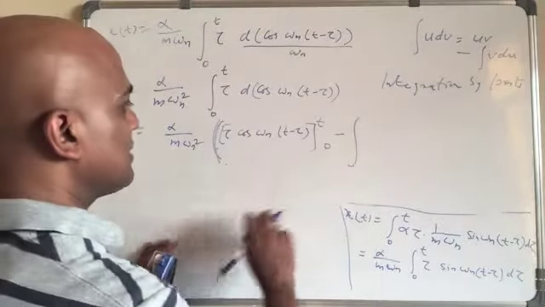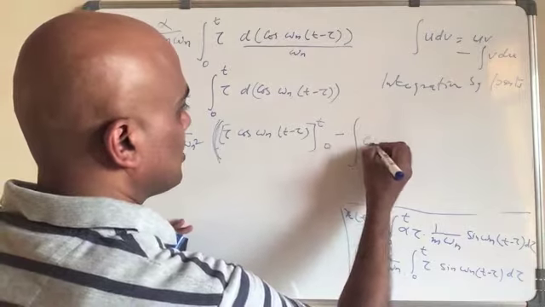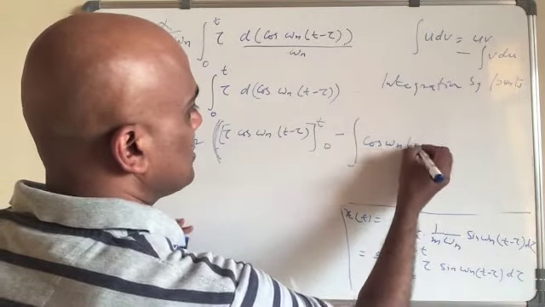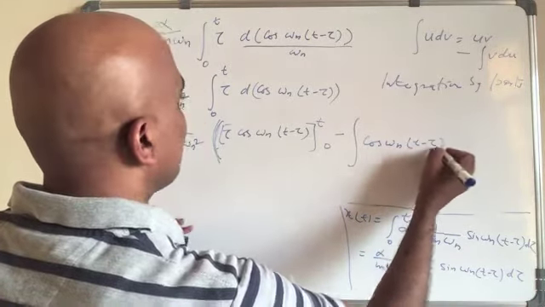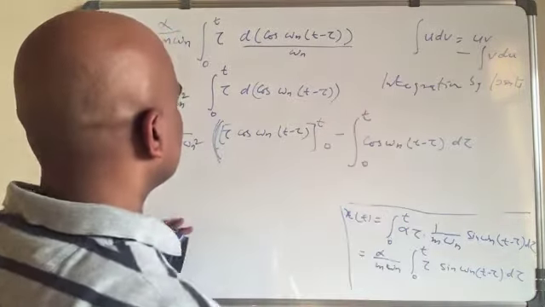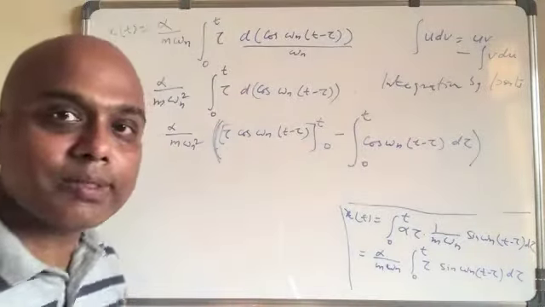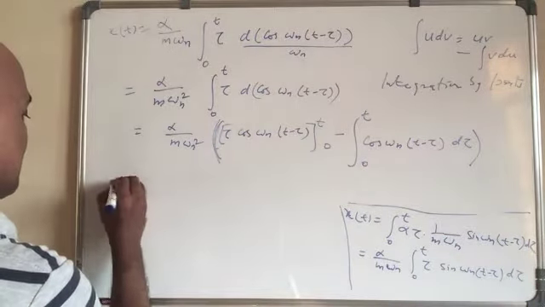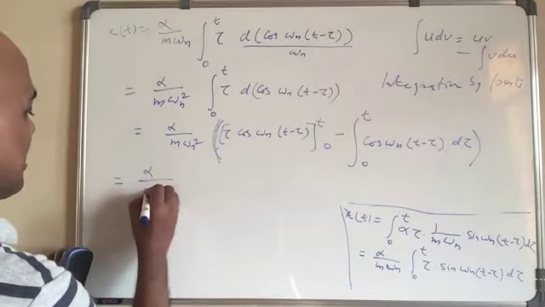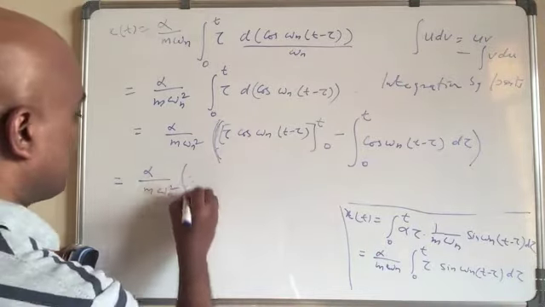So this becomes cos omega n (t minus tau), and then we have d tau, again 0 to t. Equal to alpha over m omega n square, and this value, what do we get?